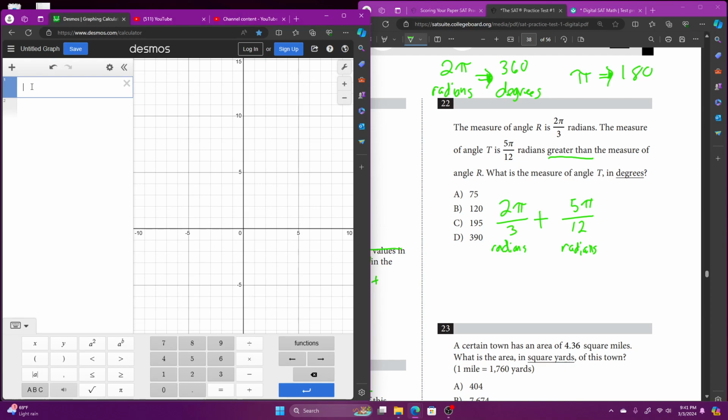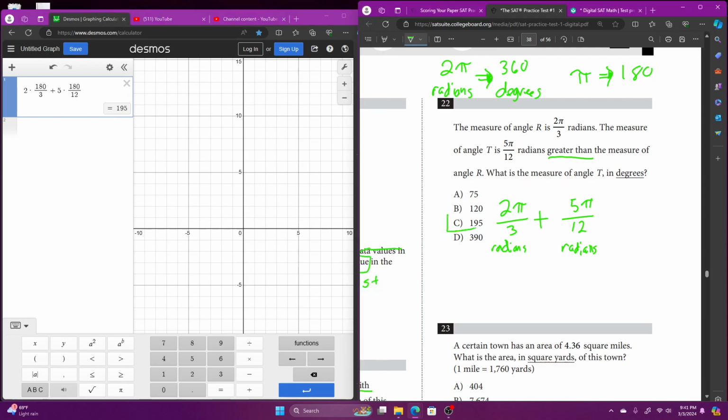I'm going to put that right in the calculator. 2 times 180 plus 5 times 180, and that gives me my answer, 195 degrees. So we just sub in 180 for the pi to convert radians to degrees.